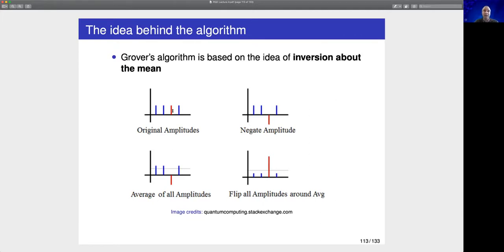So imagine that the element that we want is the one that corresponds to this red bar here. So this is the original amplitude of the element. Of course, at the beginning, we are going to use an equal superposition, as we always do, of all the elements. So at the beginning, all the amplitudes are the same.